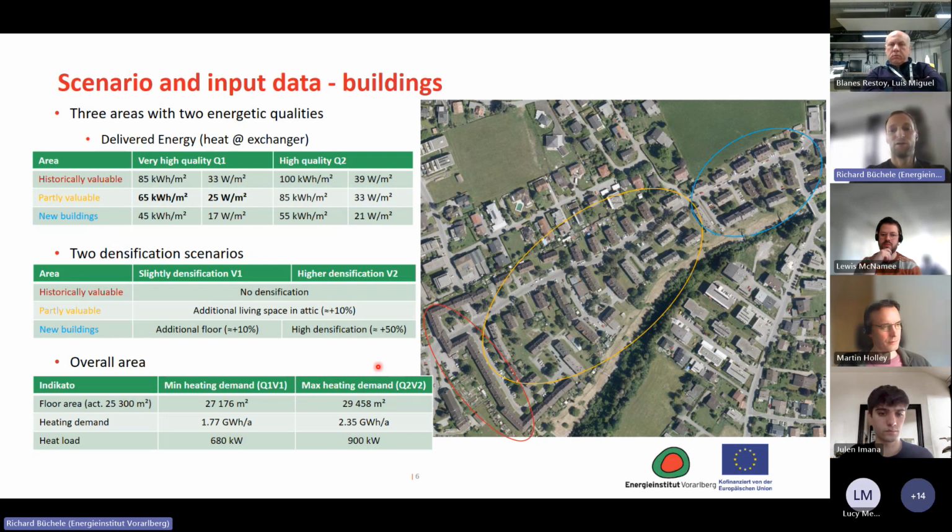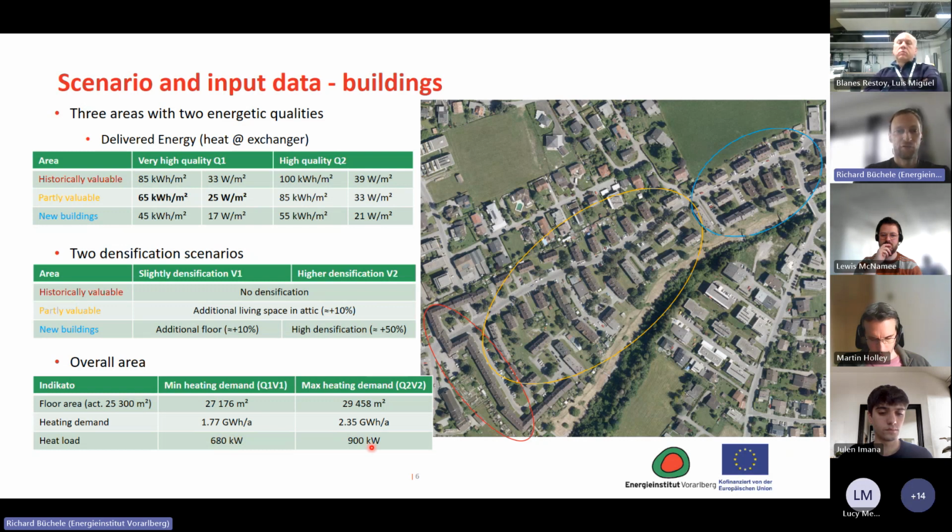And when we analyze this for the whole area, then we would have 4 scenarios, but these are the 2 most extreme ones. We would have between 27 and almost 30,000 square meters of living floor. The heat demand would vary between 1.8 and 2.4, more or less, gigawatt hours per year, and the heat load between 700 and 900 kilowatts.